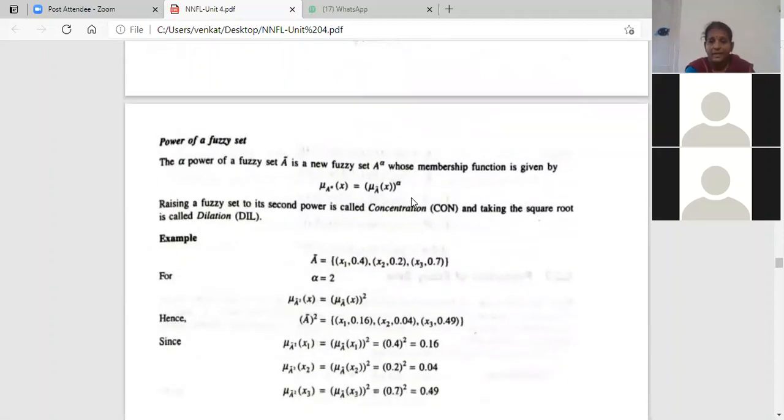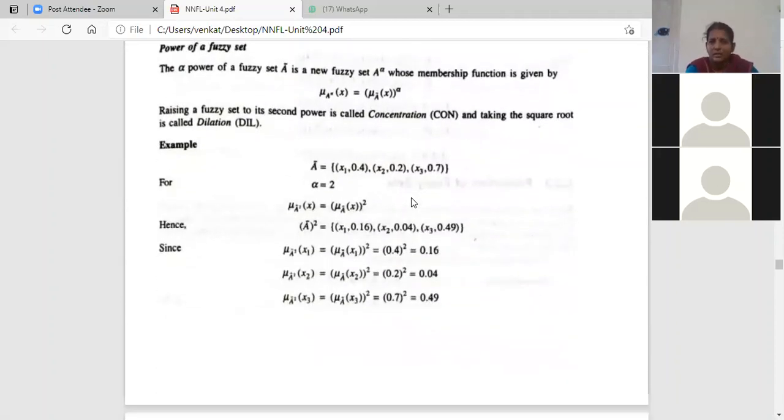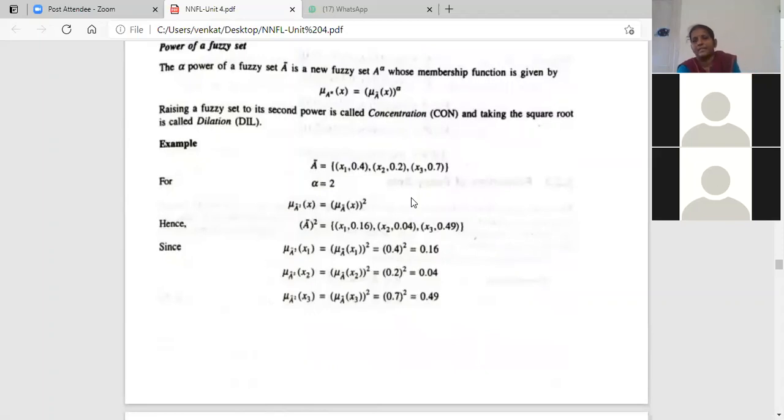Power of a fuzzy set. Next, power of a fuzzy set. The alpha power of a fuzzy set can be evaluated by using this formula.